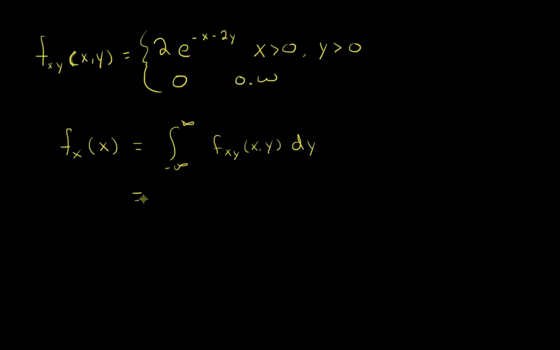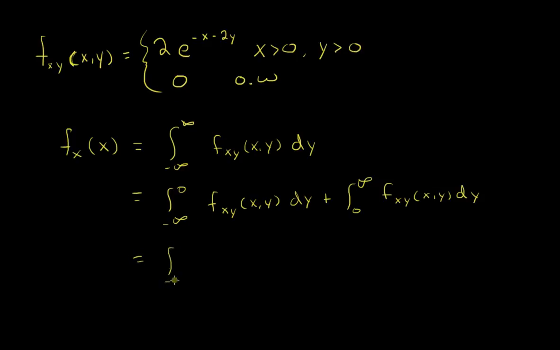Now, when I'm doing this, I can break up this integral, just like how you can break up areas under the curve using the addition rule for integration. So I can break this up from negative infinity to 0, then from 0 to infinity. When y is between negative infinity and 0, meaning y is less than 0, then we're in the other y situation, so this function is just 0.